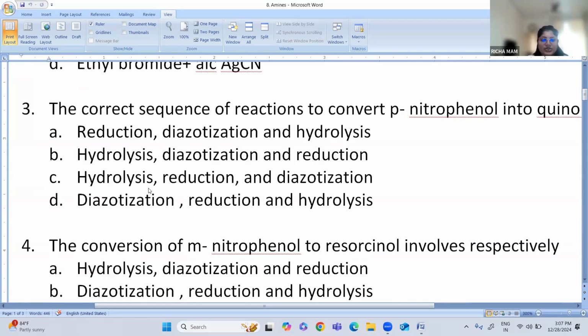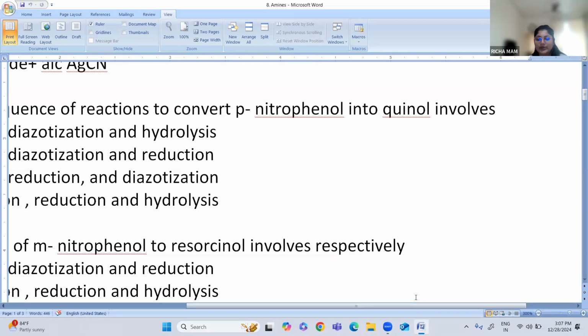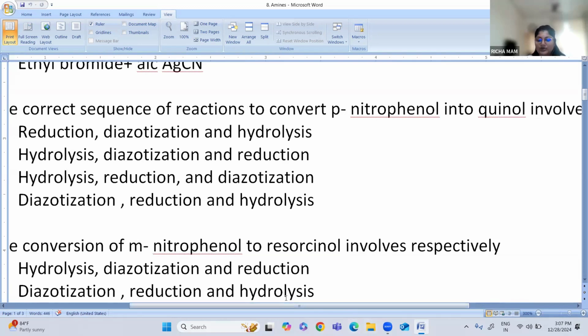Okay, next question. The correct sequence of reactions to convert para-nitrophenol into quinol is. So how are you going to convert para-nitrophenol into quinol? Let me write the structure of para-nitrophenol.